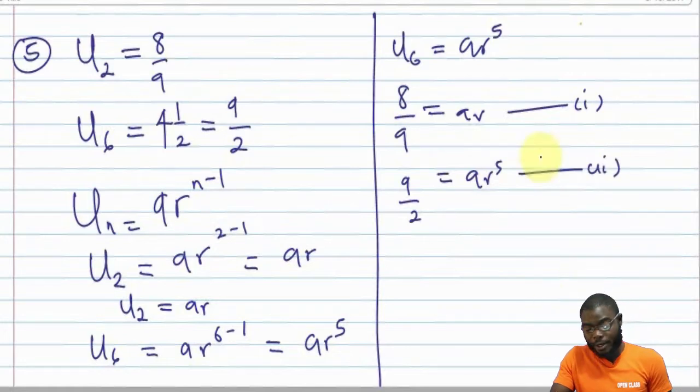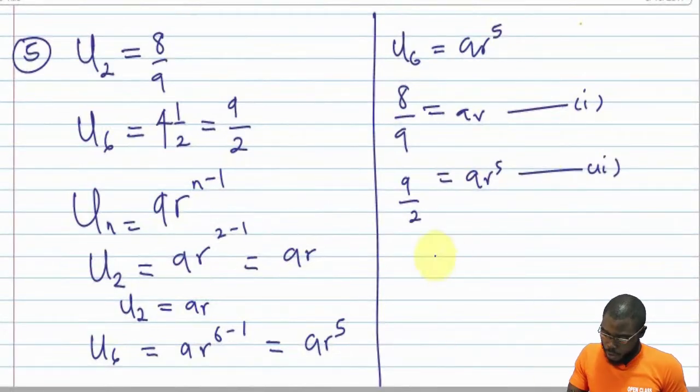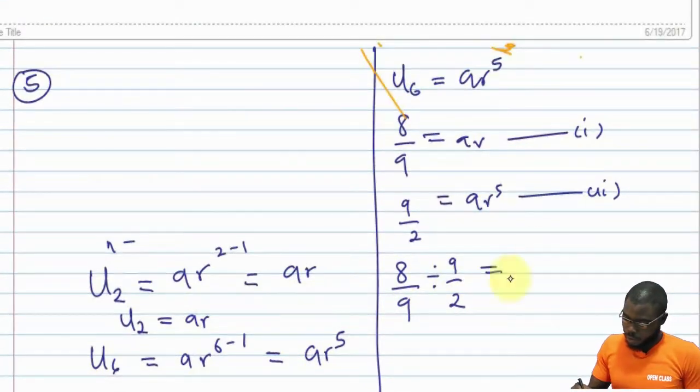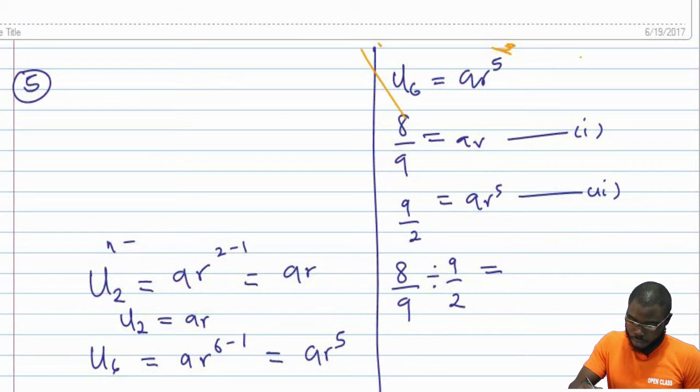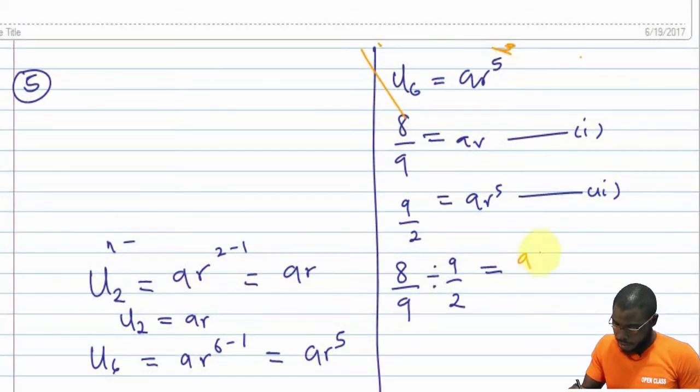Now we divide equation 1 by equation 2. By dividing both sides, we have 8 over 9 divided by 9 over 2 equals AR all over AR to the power of 5.